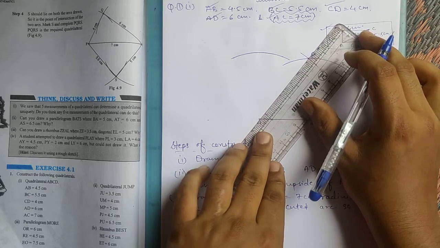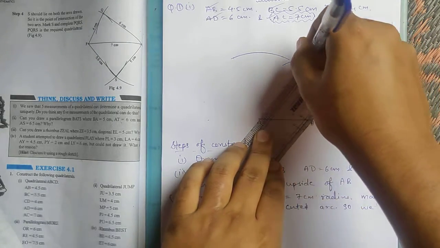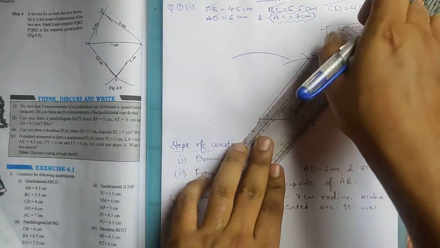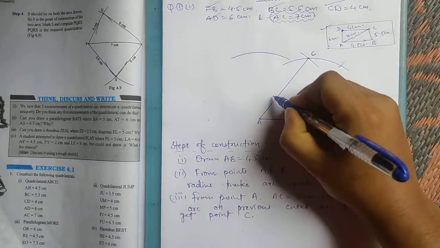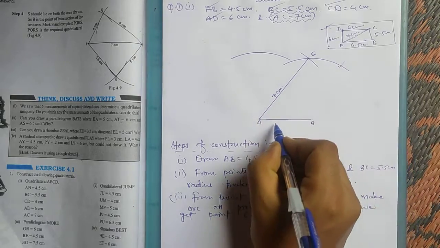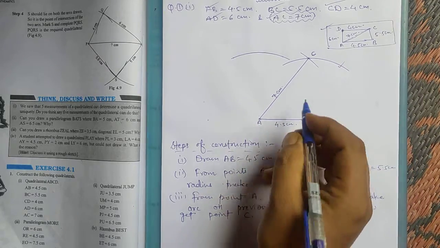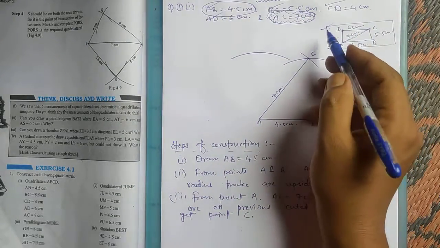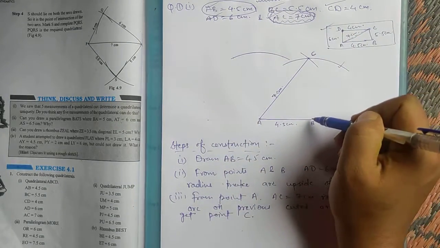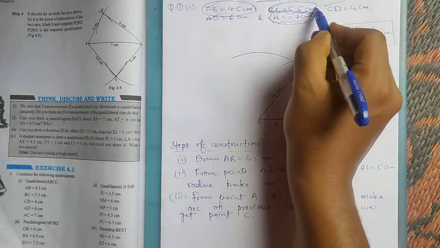Now we have to join points A and C. So I am joining A and C. Now clearly see that this one is 7 centimeter, this one is 4.5 centimeter. That means we used this one, and BC equal to 5.5 centimeter we cut already.